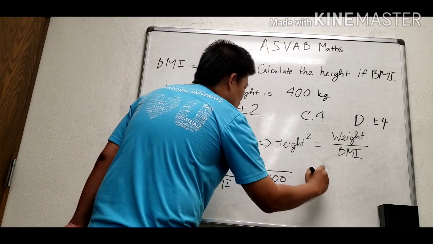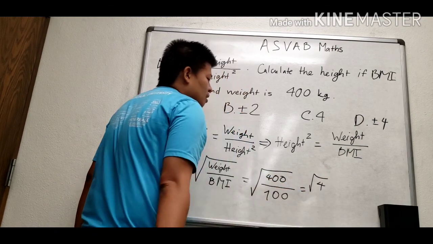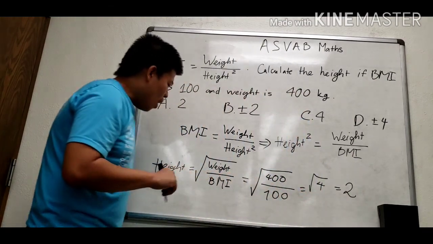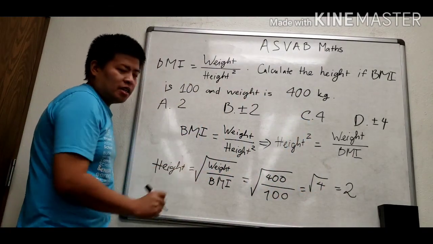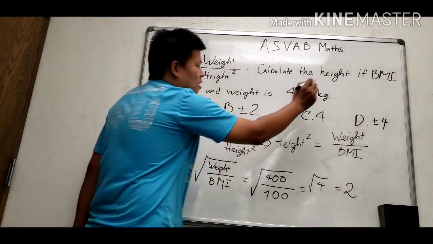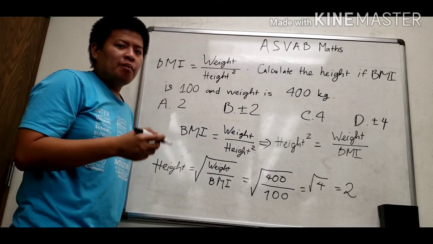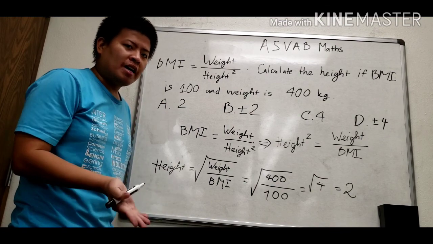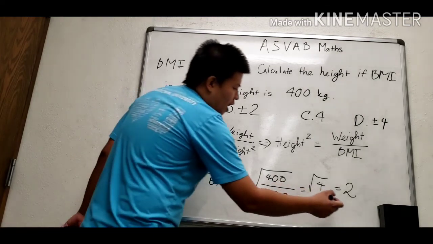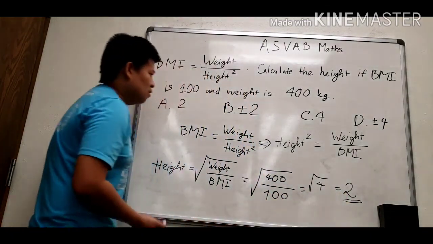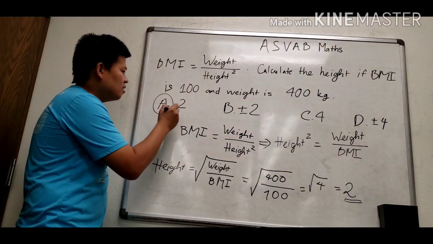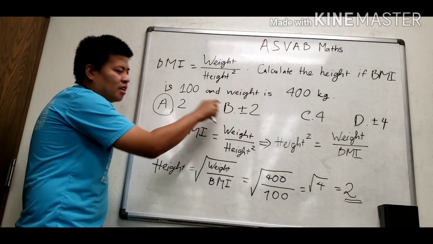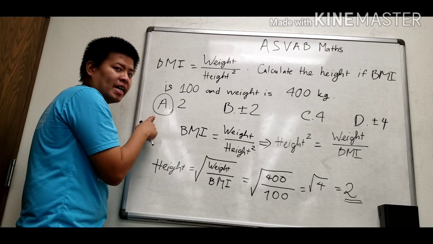It's about the square root of 4, and it's about 2. Why don't we have the minus in here? Because the height is always a positive number. We don't have a negative number in the height, so we accept only number 2. So the answer here is A. If you choose B, this is incorrect because this is minus in here. So the answer in here is about 2.